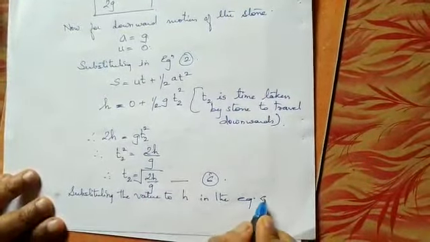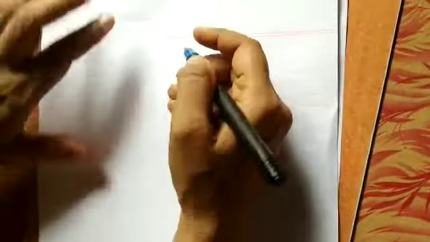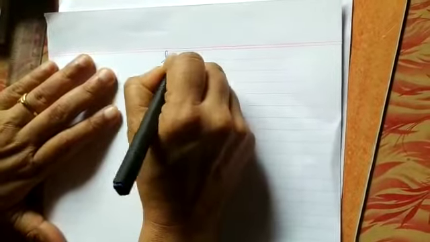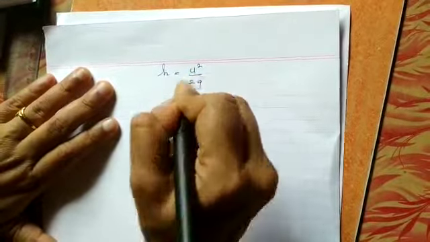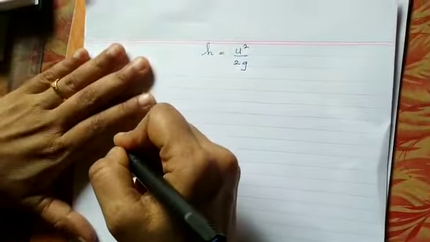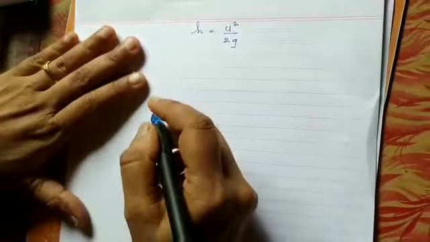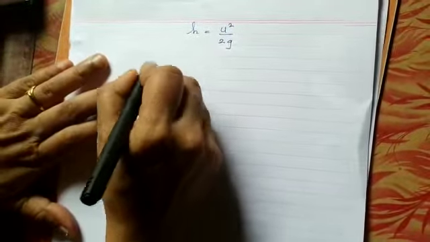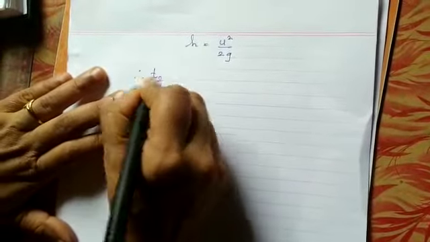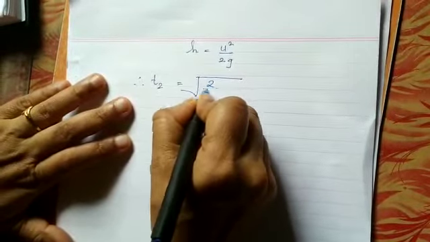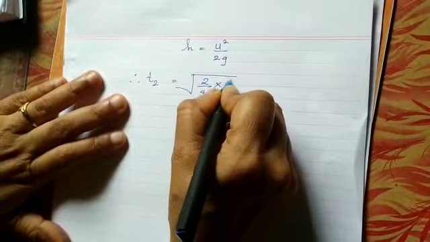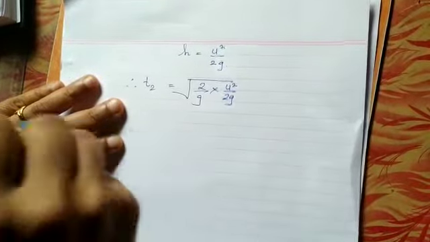In equation 6, h is equal to u square upon 2g. So we'll take it here, t2 is equal to under root 2g multiplied by u square upon 2g.